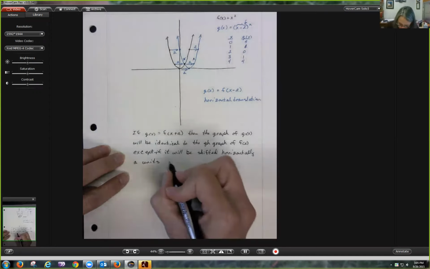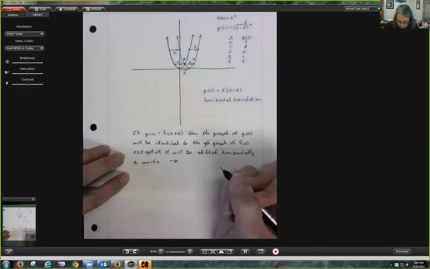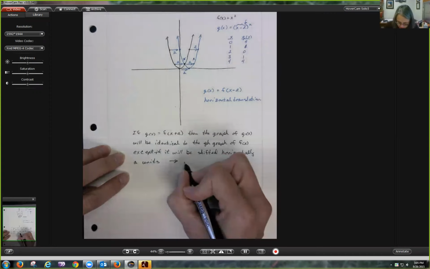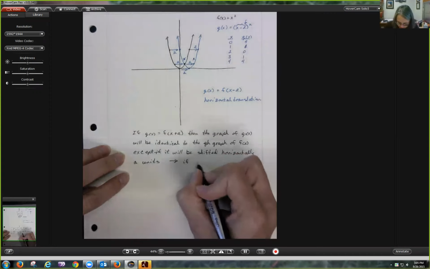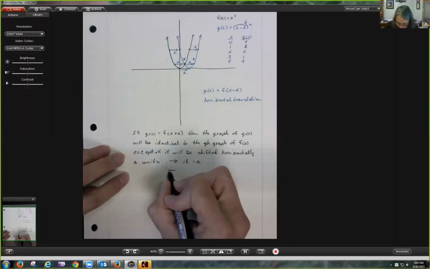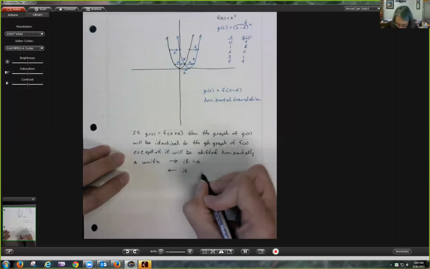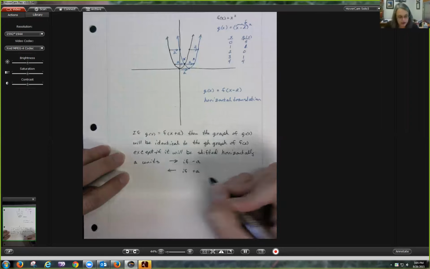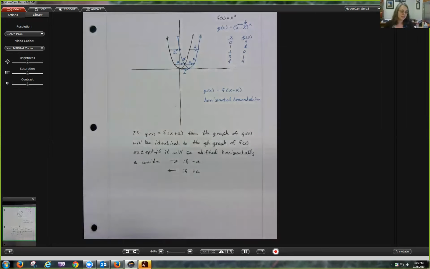So, and we go to the right if we are subtracting. We go to the left if we are adding. Now, it may seem a little backwards, but that's how it works.